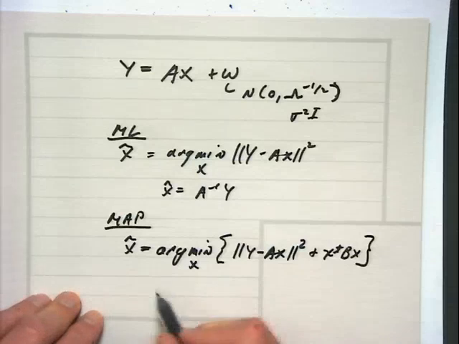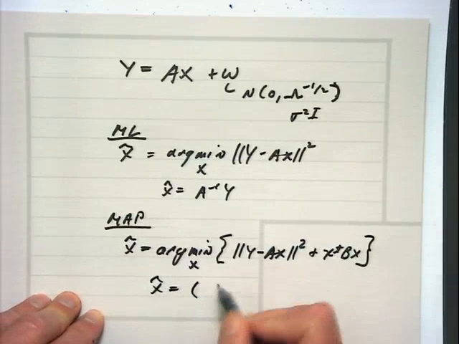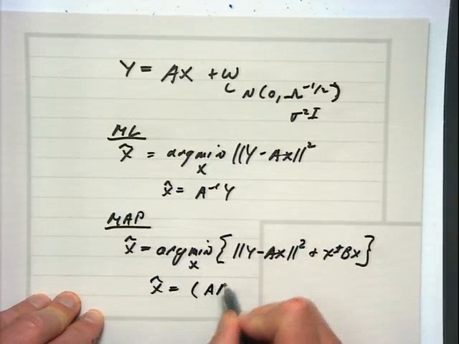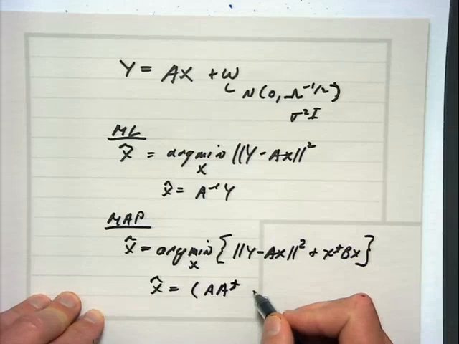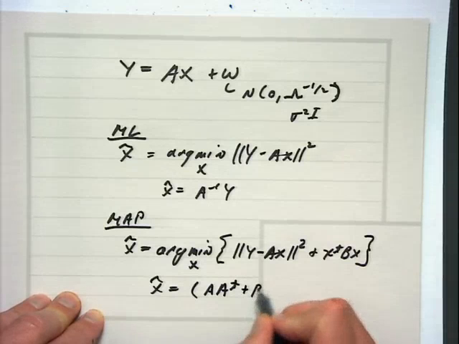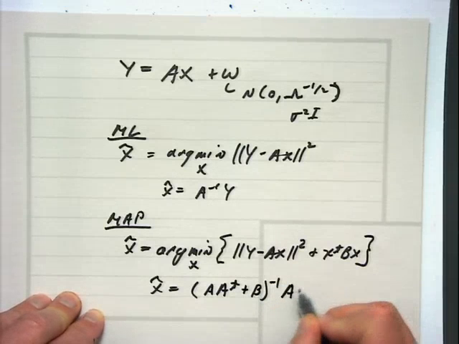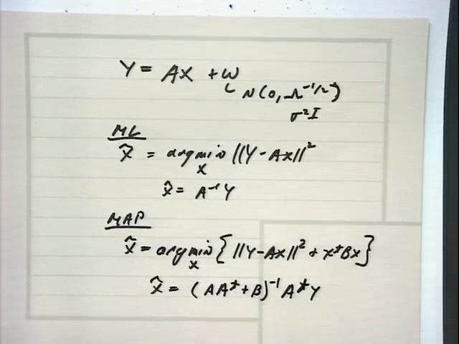In this case, the closed form solution x hat is just A transpose A plus D inverse times A transpose y. I'm kind of going from memory here.